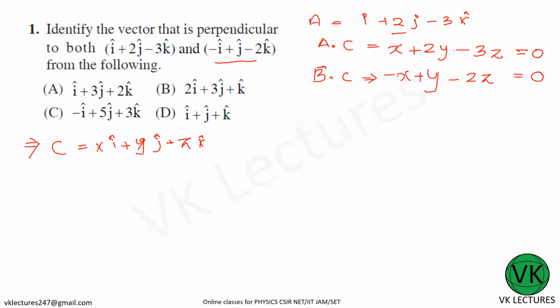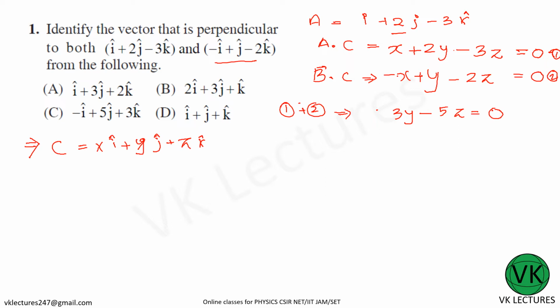Now you have two equations. This is equation 1 and this is equation 2, and you can just add 1 and 2. What you are getting is 3y minus 5z equal to 0.